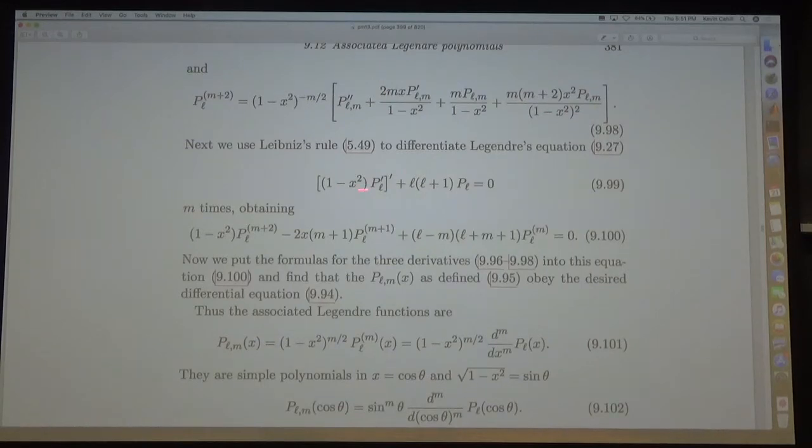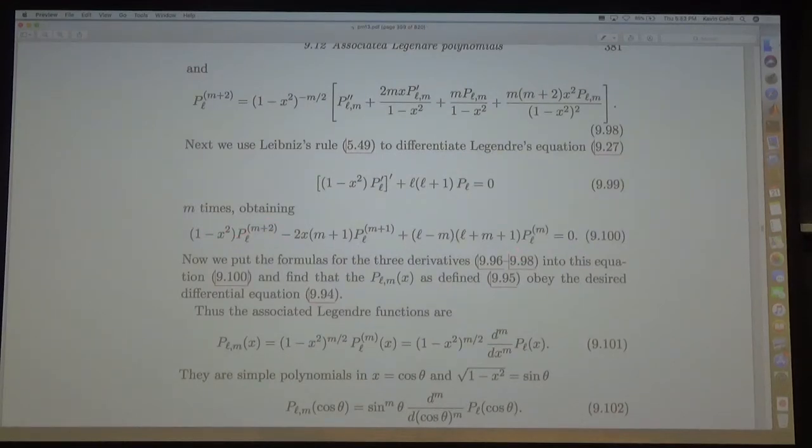And then we use Leibniz's rule to differentiate Legendre's equation m times. And that's a rather elaborate thing. What we find is we get this expression here.